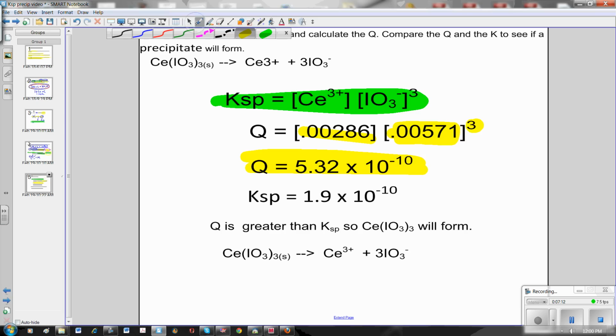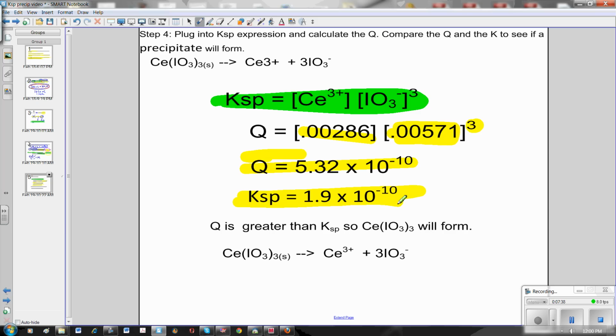If you remember, in the original part of the problem, they gave me the Ksp, or if it's a book problem, they'll have you look it up. Basically you compare the two values. My value for Q is 5.32 times 10 to the negative second. My Ksp value is 1.9 times 10 to the negative 10th.